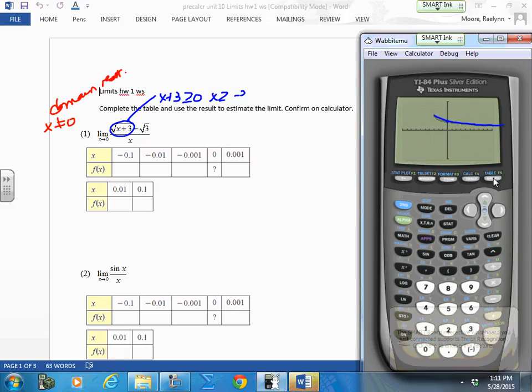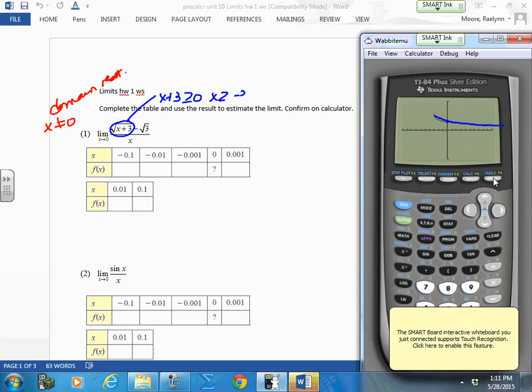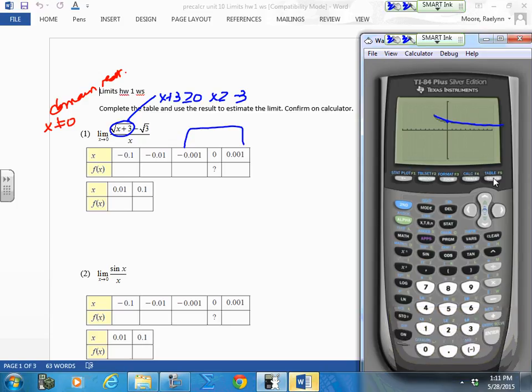Now, this is what I want you to do. You have 2 choices. You can set your table and look at your calculator, or you can do it this way. These are the 2 most important pieces that I want you to see. If I look at my table, I really can't tell what point that is. Between around the 0, the -1 and the +1, it's not the same point.